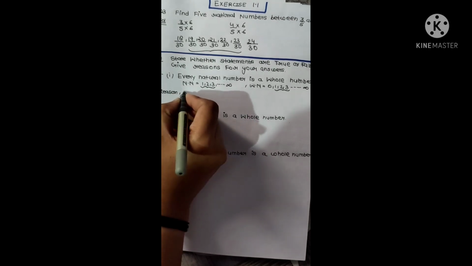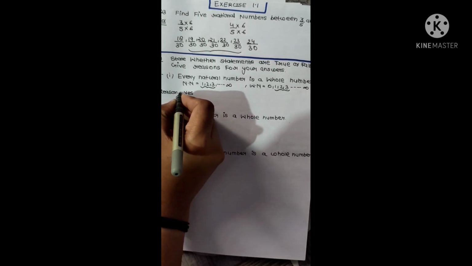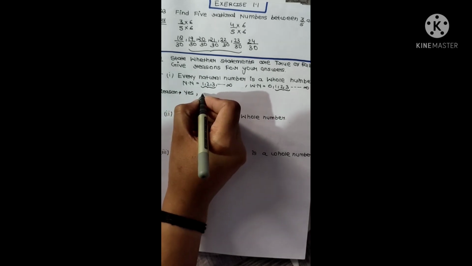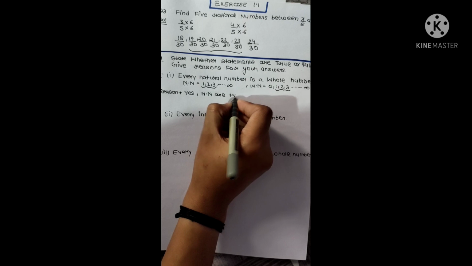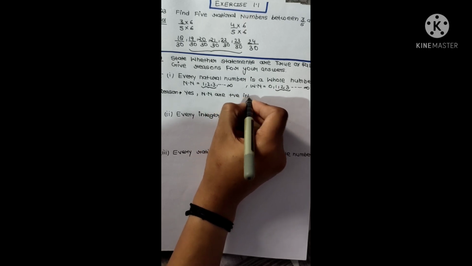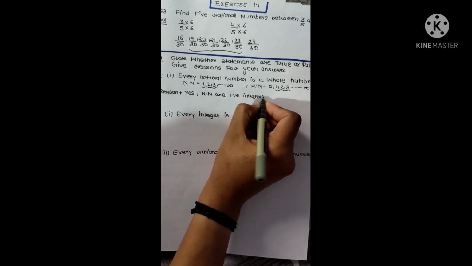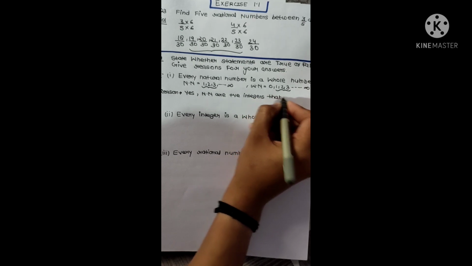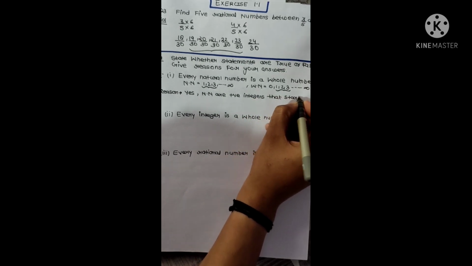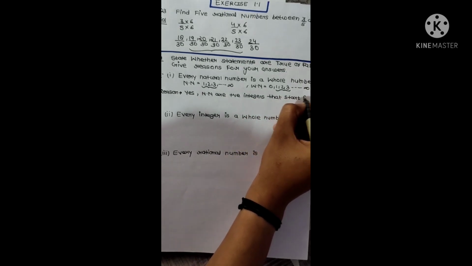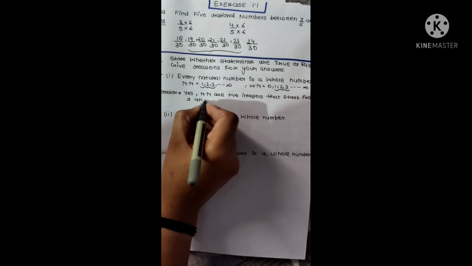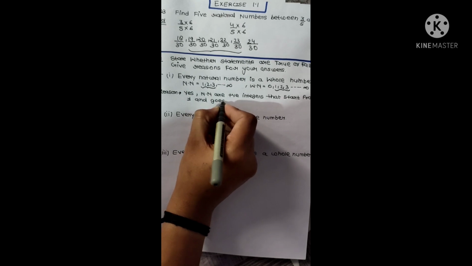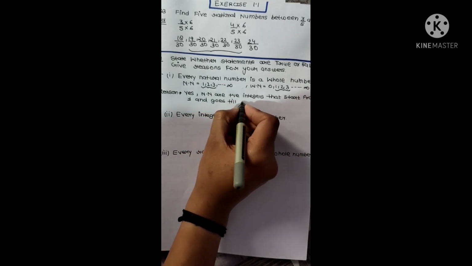So here the reason: yes, natural numbers are positive integers that start from 1 and go till infinity.